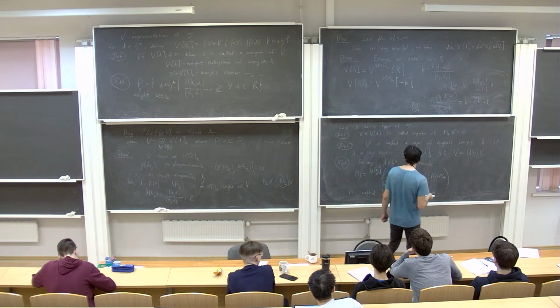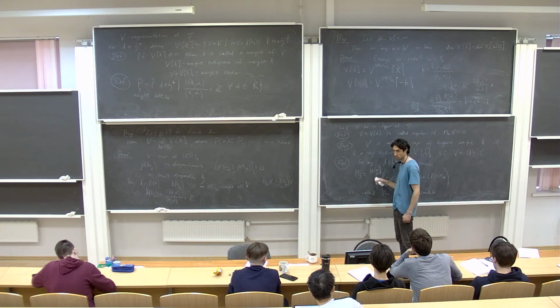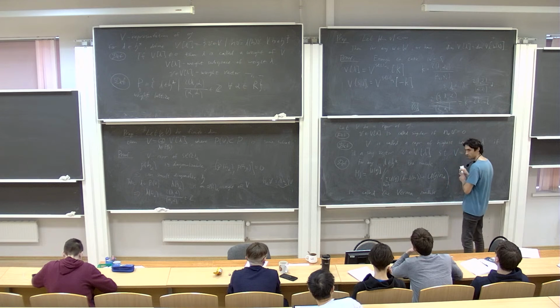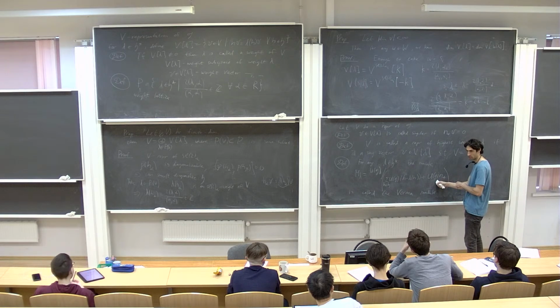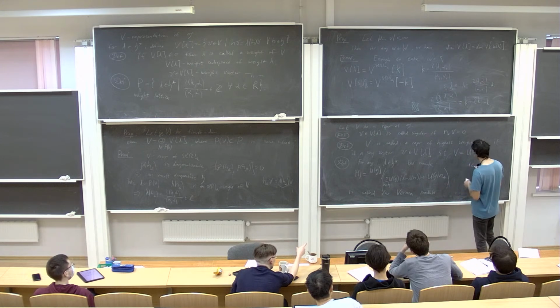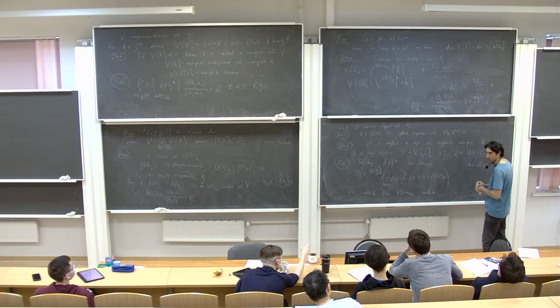Because the highest weight vector here is the image of 1 in U of G. So if you take 1 and apply n plus, then this will be in this ideal, right? This n plus, I take one inside U of G. This is a sum of ideals.